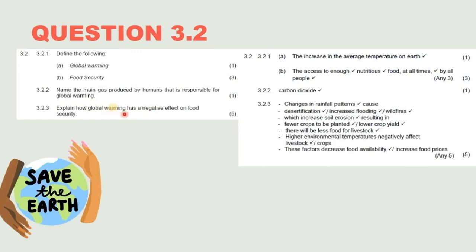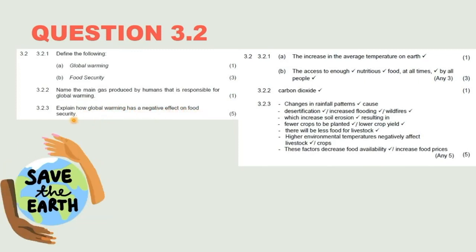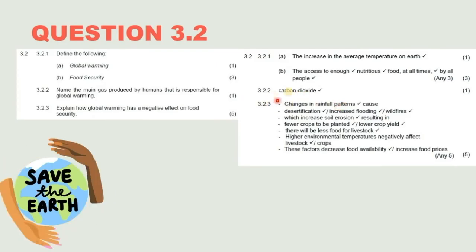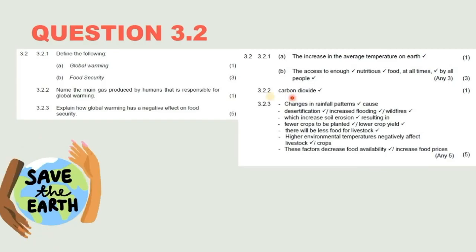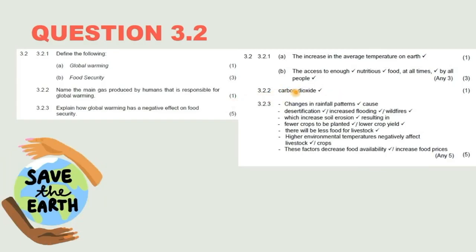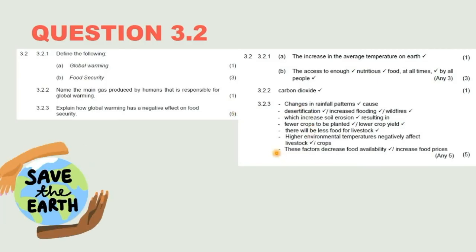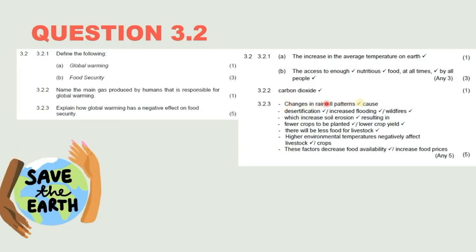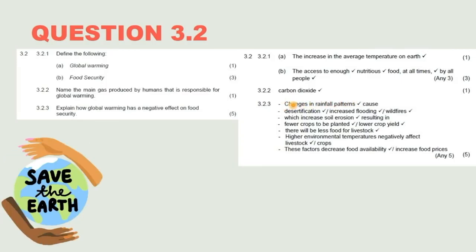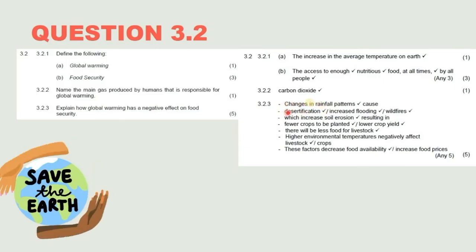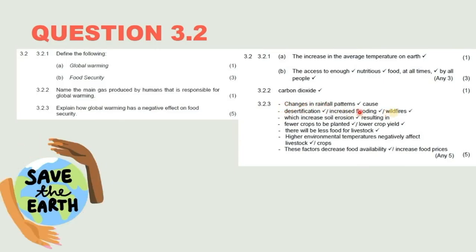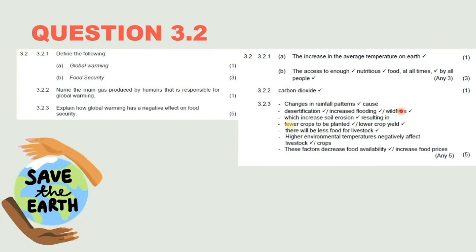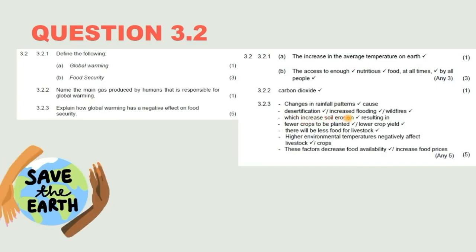Then explain how global warming has a negative effect on food security. Firstly, the carbon dioxide gas gets trapped in the atmosphere. Because of a change in the average temperature of Earth, it causes changes in rainfall patterns. That can result in desertification, an increase in flooding, or even wildfires. That will result in quite a big loss of our vegetation, which will increase soil erosion.